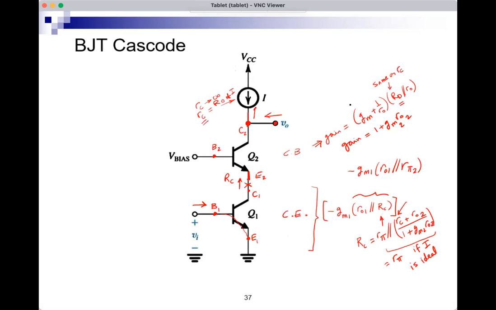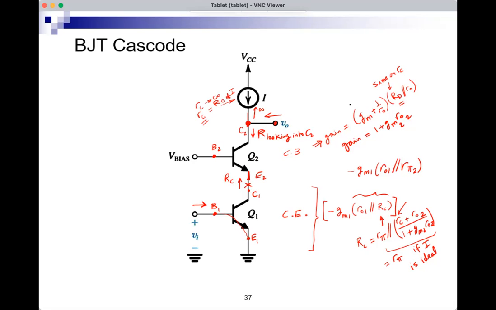So it will be this in parallel with this. If I is ideal, this will be an infinite resistance. So we'll get just this R looking into C2. Looking into C2, I'm looking into the collector of a BJT with no signal at the base and some resistance between emitter and ground.